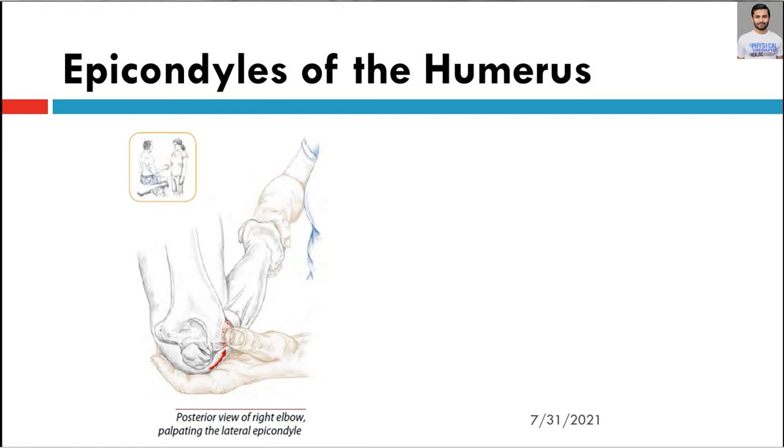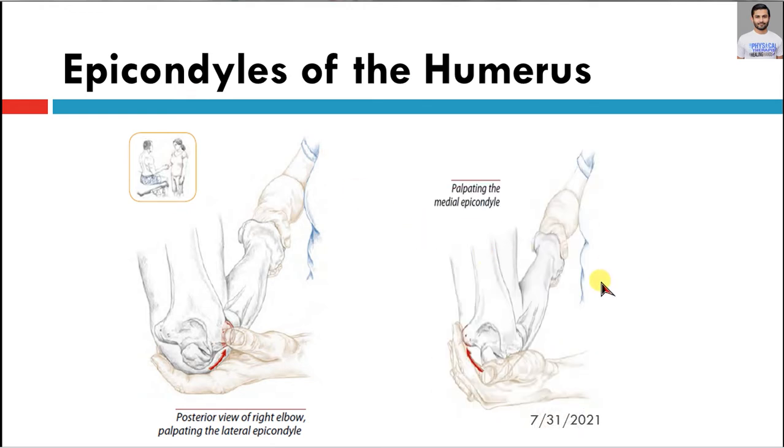But when you flex your elbow, the muscles of the forearm, the flexors and extensors, become really relaxed, and they give you more room or space to find these structures. So from lateral to medial, the lateral epicondyle, the olecranon, and the medial epicondyle. The same can be seen over here: the lateral epicondyle, the medial epicondyle, and the olecranon process.